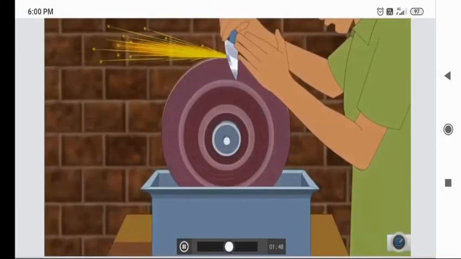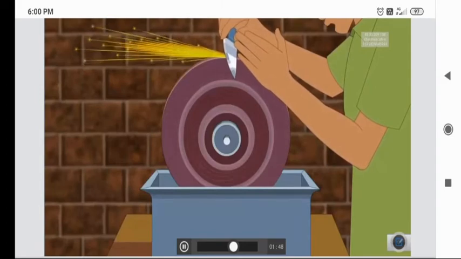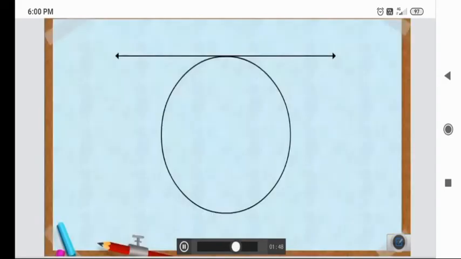Let's look at another example. Have you seen sparks fly off from a knife sharpening machine when a knife is being sharpened on it? In which direction do the sparks fly? You'll see that the sparks originate from a point and fly in a direction perpendicular to the radius of the circular knife sharpening machine.